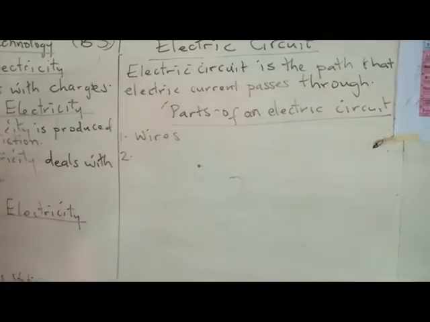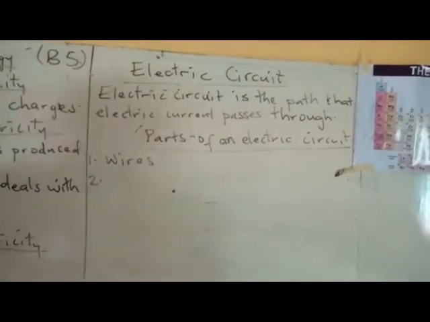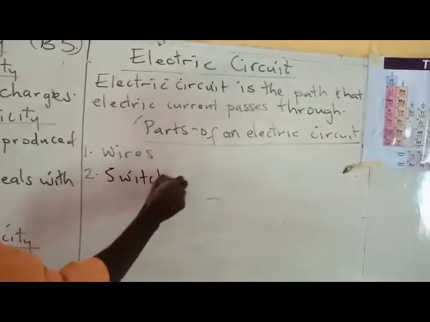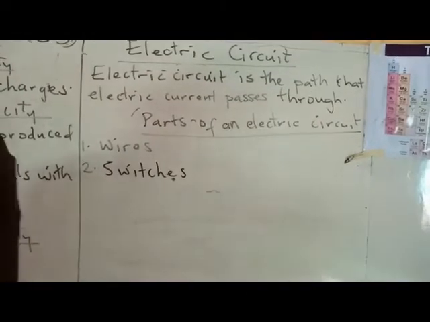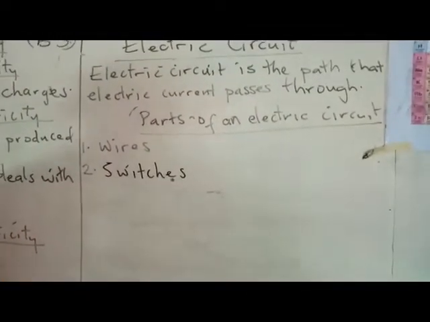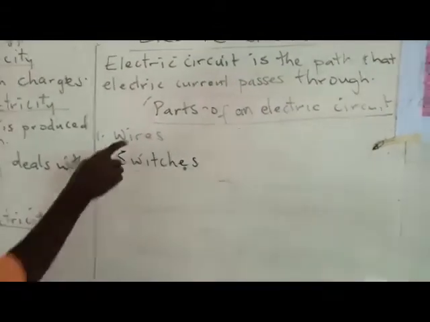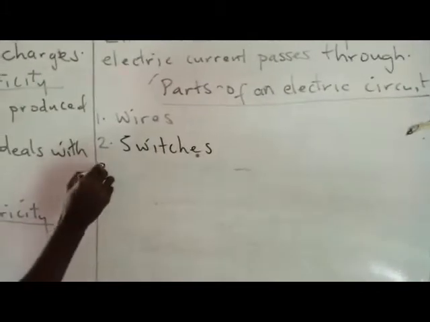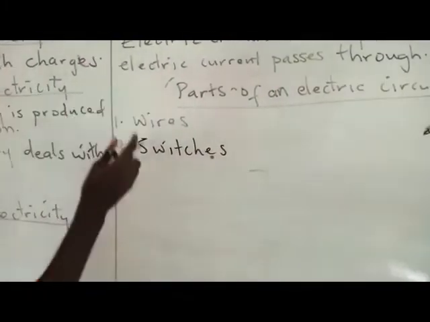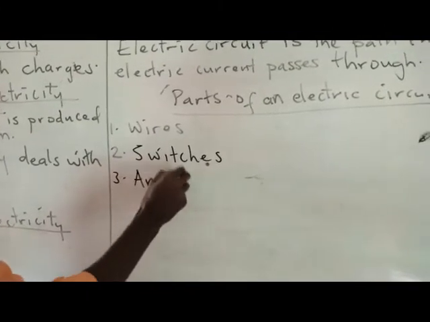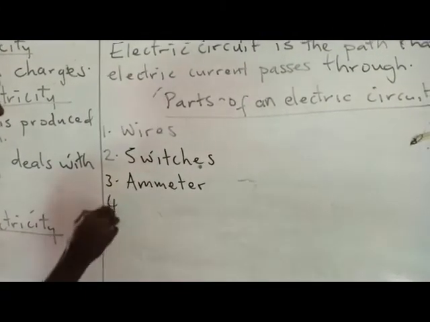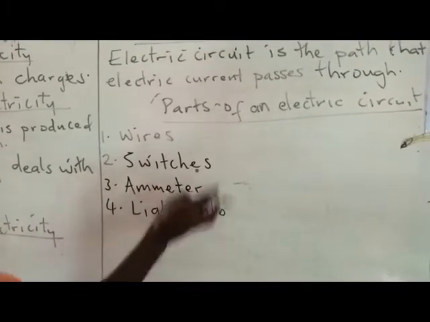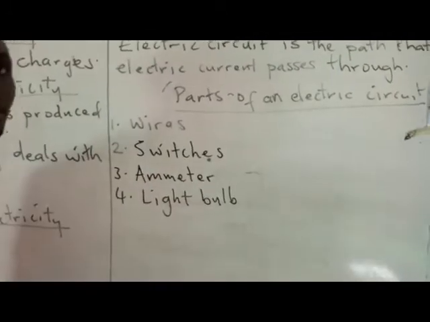Also you have switches, and let's take these two important components. Let's say an ammeter. An ammeter is a device used to measure current. And then last of all, a light bulb. Now these three at least are something you can easily access in your house.